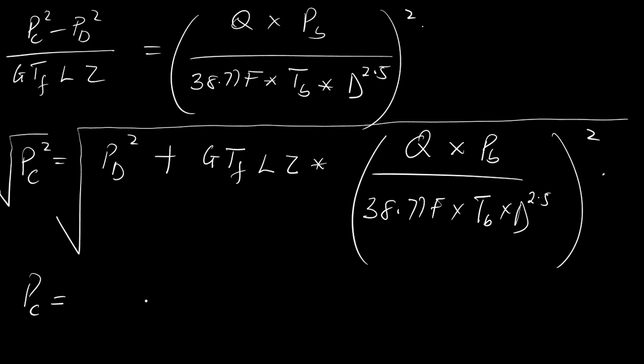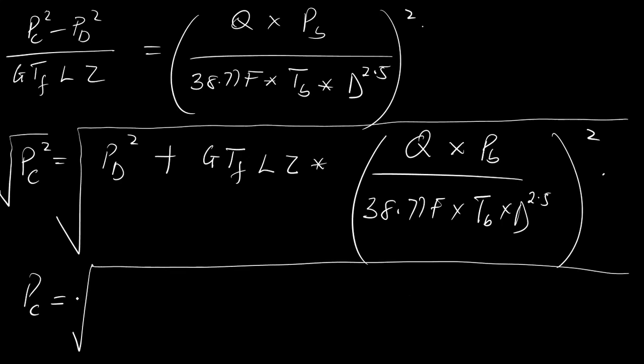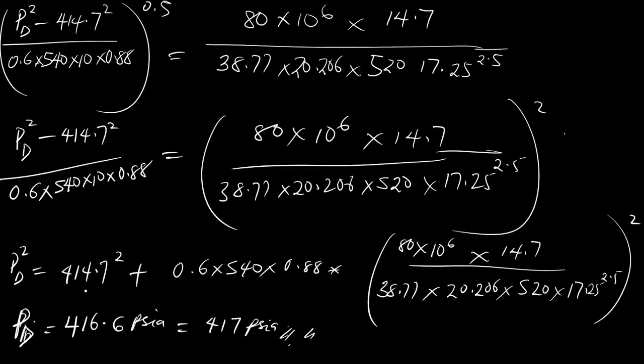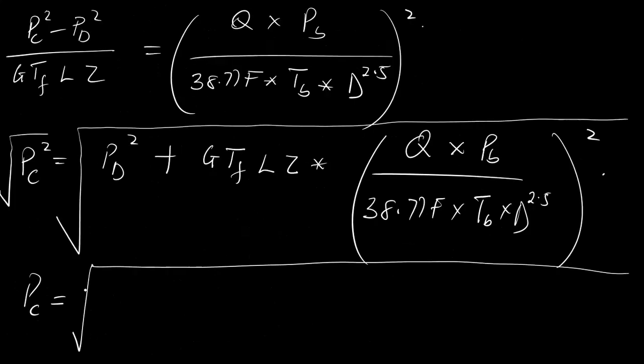So let's calculate our PC now. Square root of PD squared. What did we get as PD? We have our PD to be 417.